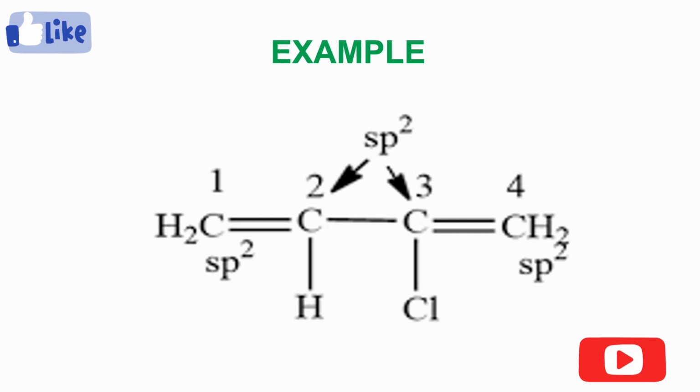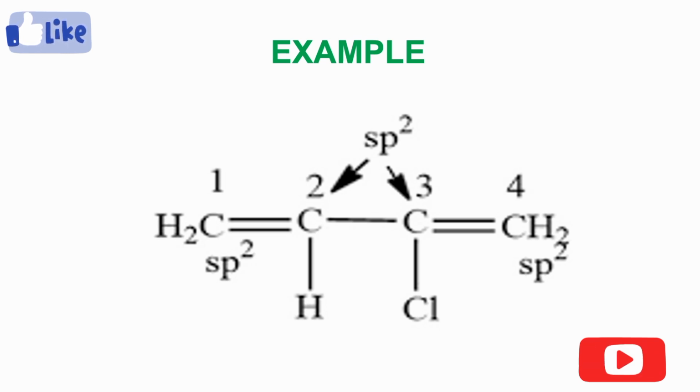So let's go to a typical example of hybridization. How do we apply this hybridization in compounds? If you look at this compound, we are talking about the hybridization of carbon. You can also have hybridization of bonds. Looking at these carbons, they are connected to double bonds.